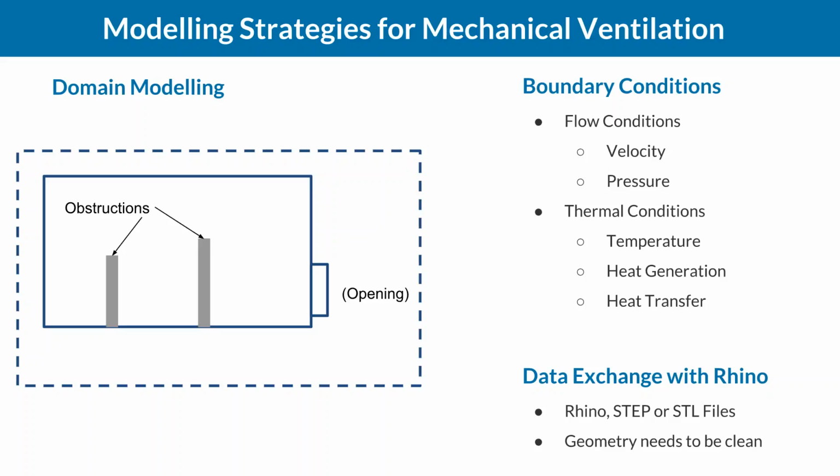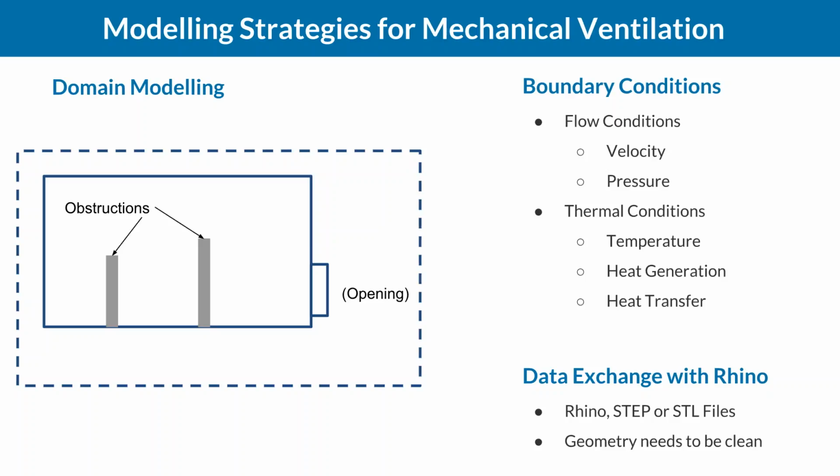And each of these file types comes with individual advantages and disadvantages. From my experience, I would suggest, whenever it's possible, to go with a STEP file. And in case you have a very complex geometry where you want to have full control over the surface resolution, an STL file should be the solution of your choice.